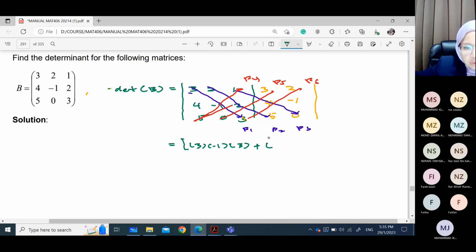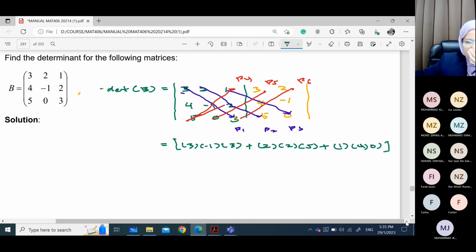So P2 is this one, 2 times 2 times 5. Okay, buat sama-sama ya. Okay, next 1 times 4 times 0. Okay, for the first part. So minus with P4, P5 and P6. I letak minus dekat sini. Minus for P4, 5 and 6.